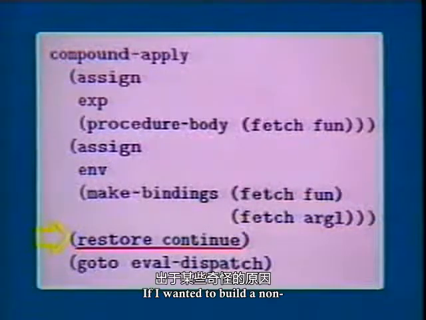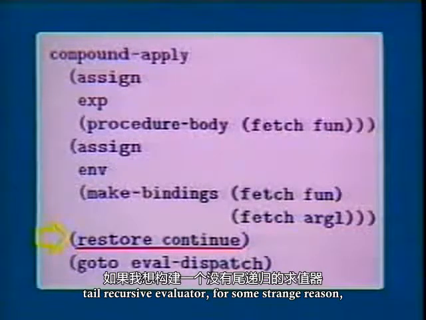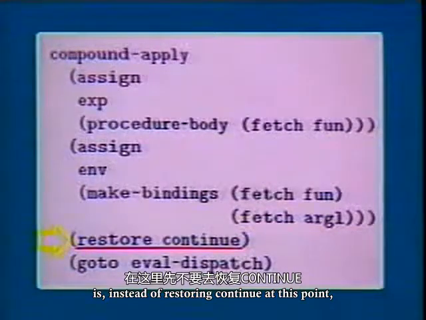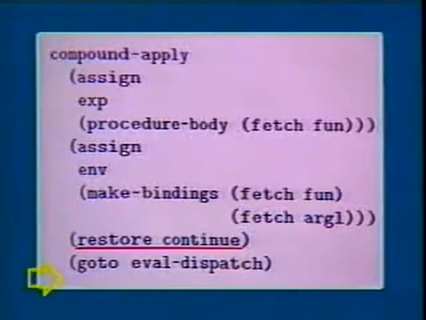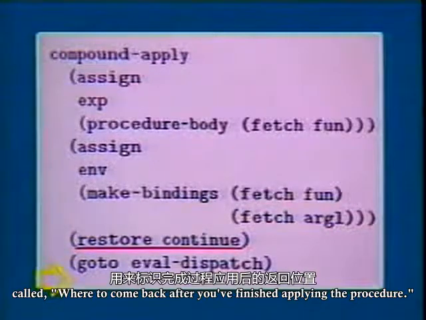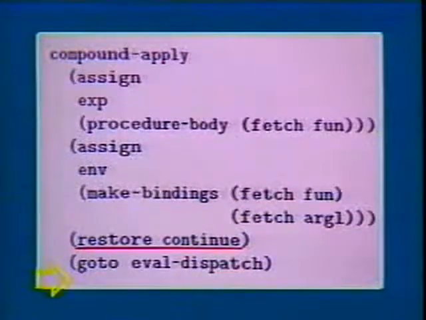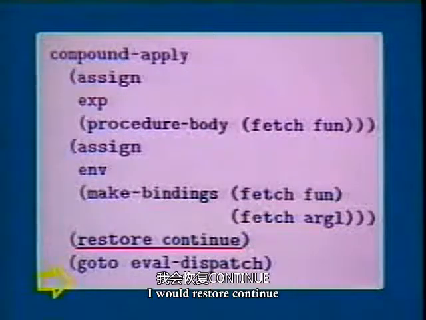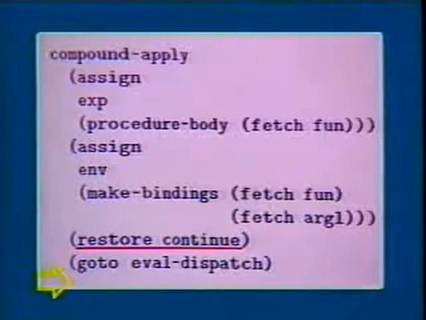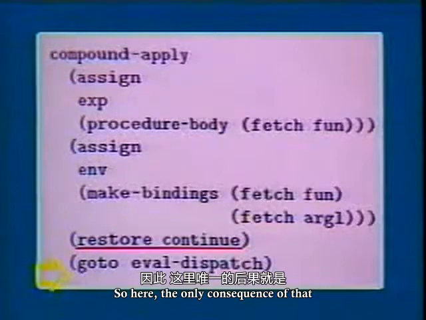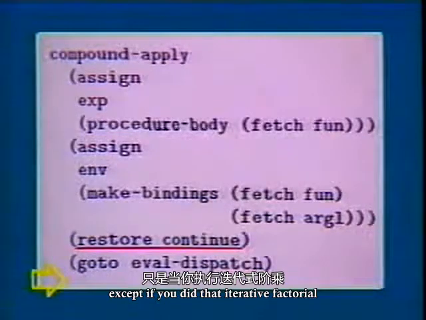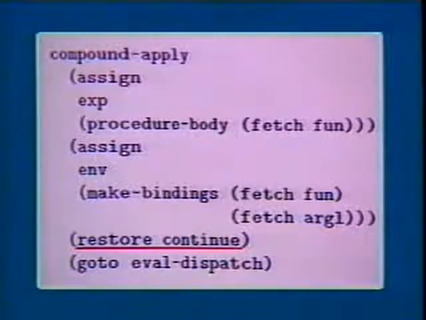If I wanted to build a non-tail recursive evaluator for some strange reason, all I would need to do is, instead of restoring continue at this point, I'd set up a label down here called where to come back after you finished applying the procedure. I'd set continue to that. I'd go to eval dispatch, and then eval dispatch would come back here. At that point, I would restore continue and go to the original one. So here, the only consequence of that would be to make it non-tail recursive. It would give you exactly the same answers, except if you did that, iterative factorial and all those iterative procedures would execute recursively.